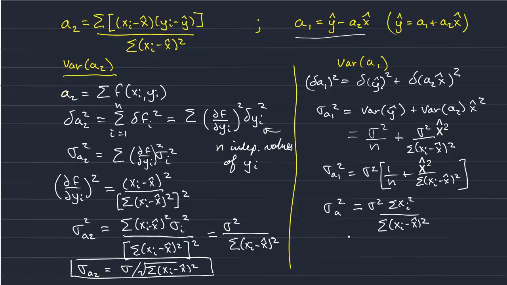Okay, so that's the variance of our intercept, and then the corresponding standard deviation is just the square root of that. Oh, and I'm noticing I'm forgetting the n on the denominator. We need an n there.